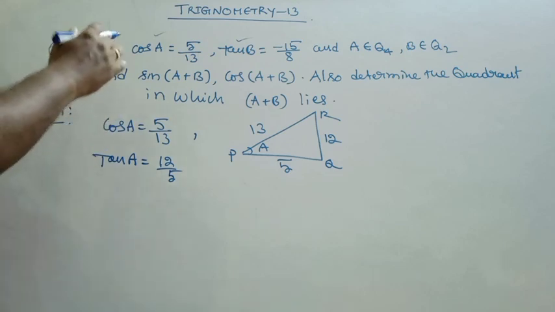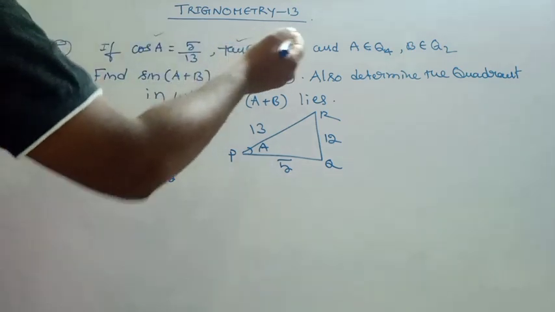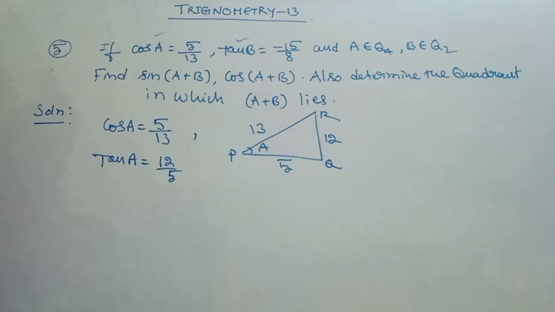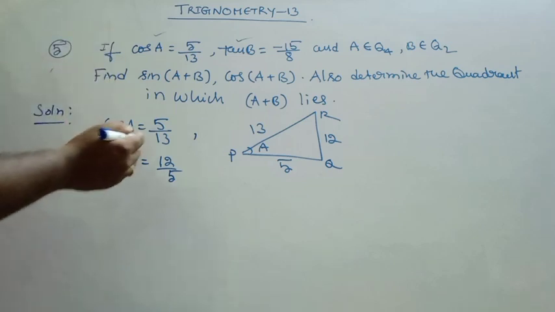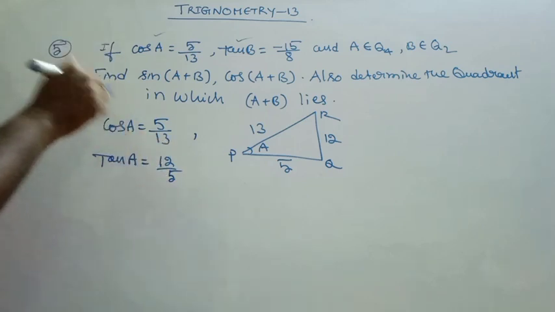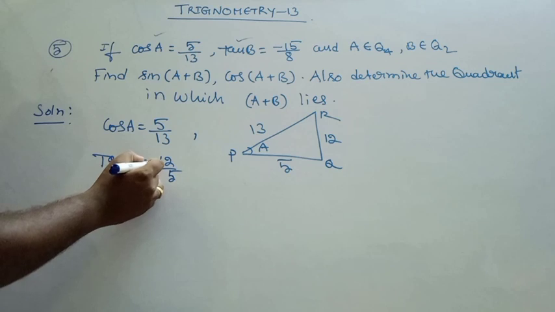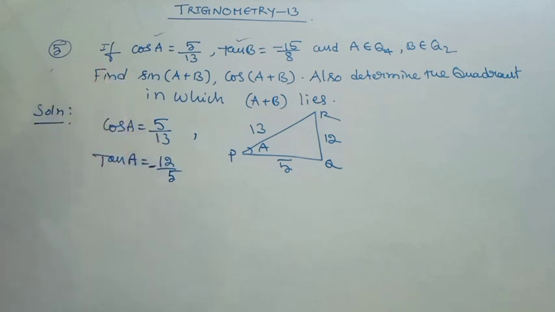Because the thing is, given that A belongs to Q4, A belongs to Q4 means tan A is 12 by 5, but in the 4th quadrant tan becomes negative. That's why it becomes minus.